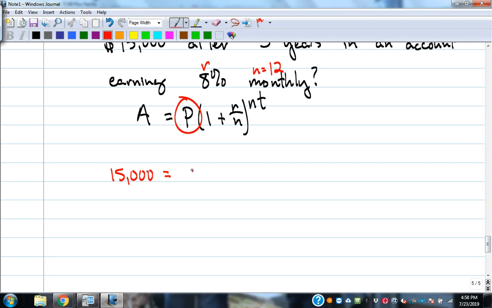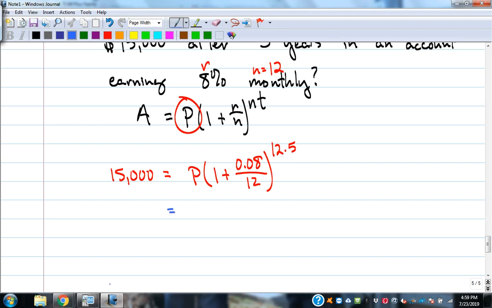15,000 equals principal times 1 plus rate 0.08, 12 times a year, 12 times 5 for the exponent. Okay. So the variable is right here in the front. What's going on between this variable and all of this stuff over here is that it's multiplying it.